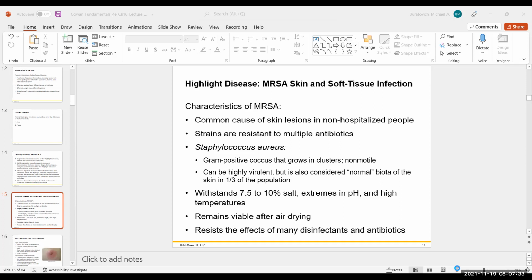They start as vesicles and they'll evolve over about a week into a gold crusted plaque. That plaque is about 2 centimeters in diameter.